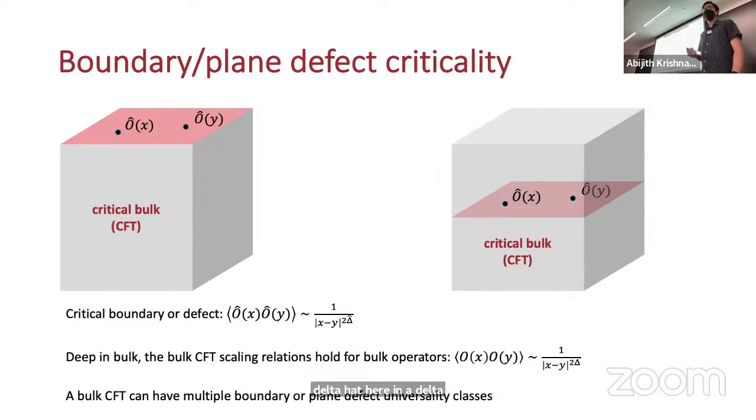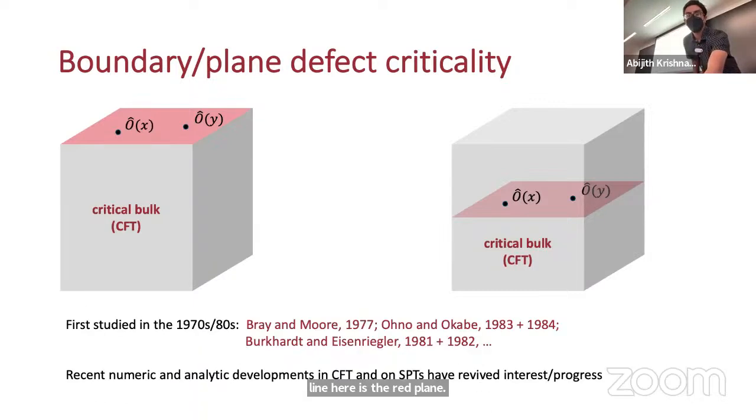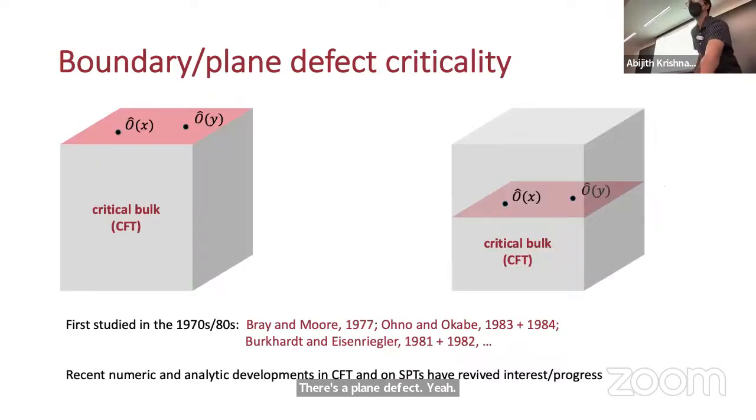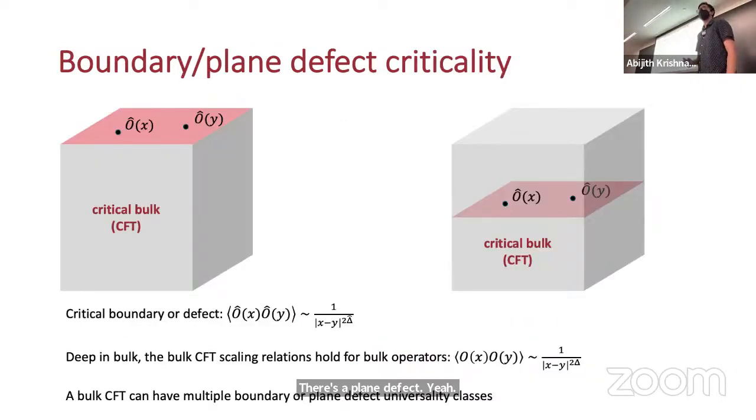But then on the right hand side, you have a bigger bulk, but somehow you still use hat. So this is the plane defect. The red plane here is a plane defect. Yeah. But is that plane the virtual one, or is that the physical one?